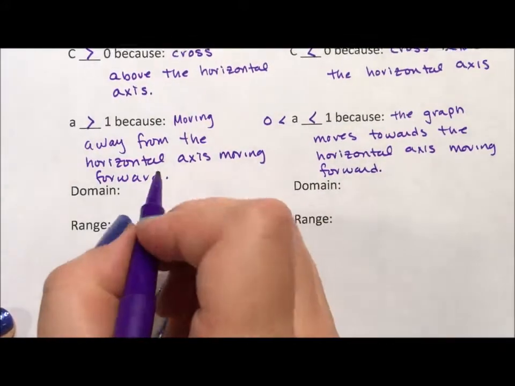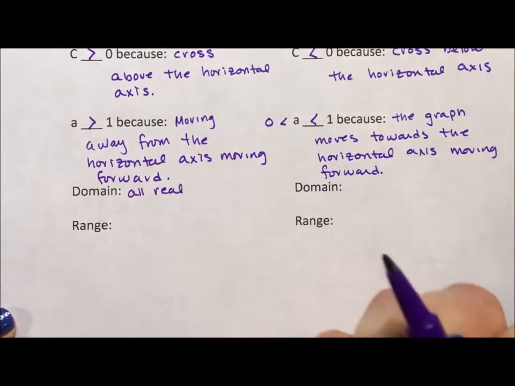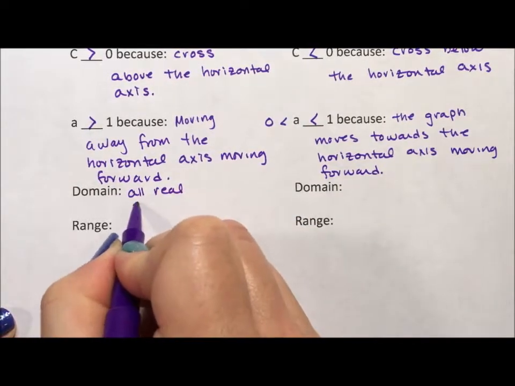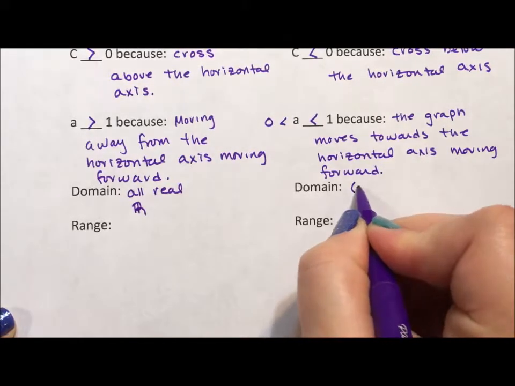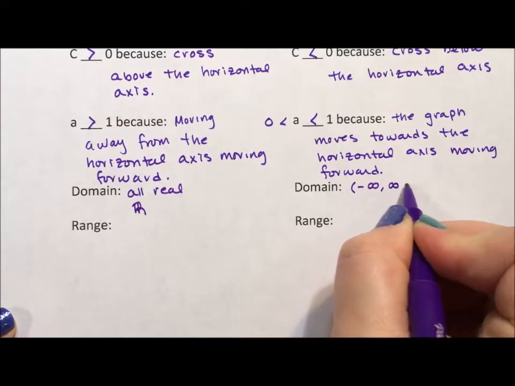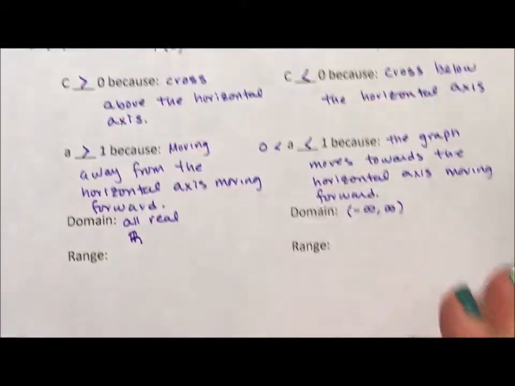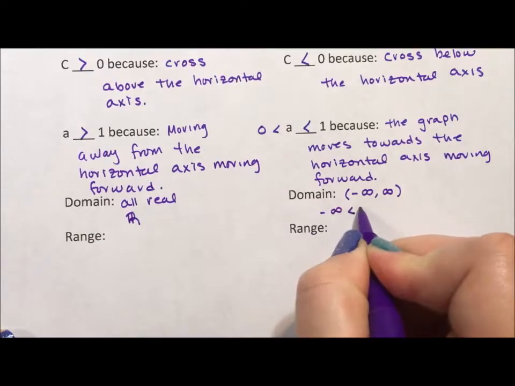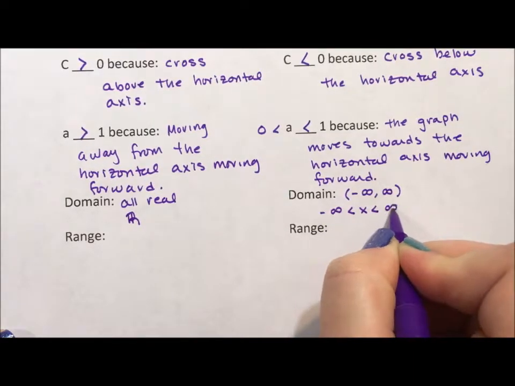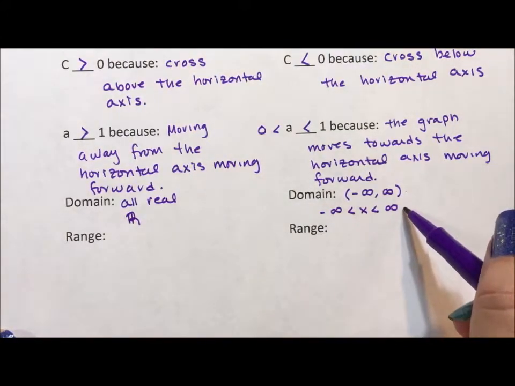Now, when you write the domain, you could say all real. You could do double bar R, which means the same thing. Or you could do interval notation, which would be negative infinity to positive infinity. Or because the graph has this labeled as x, you could also do negative infinity is less than x is less than positive infinity. So you can do it verbally, symbolically, interval notation, or as an inequality.